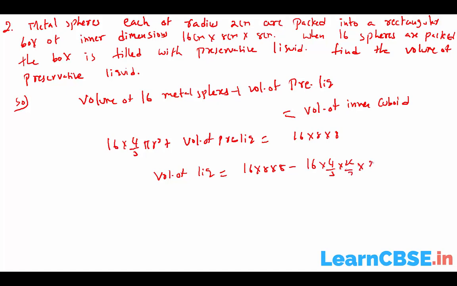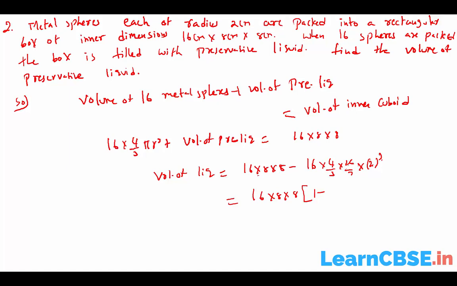into 2 cube. Take 16 into 8 into 8 common. 1 is left here minus; already 16 is taken, 2 cube 8 is taken, 4 2s are 8 is taken.